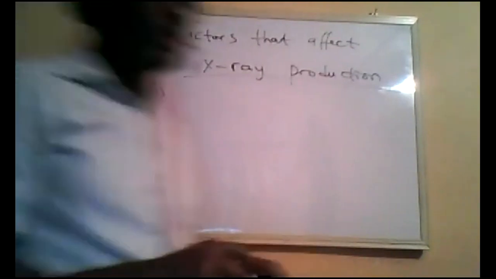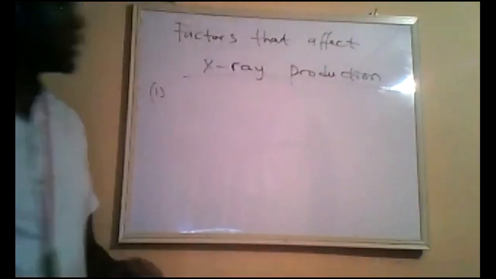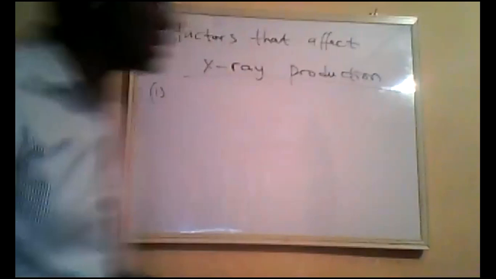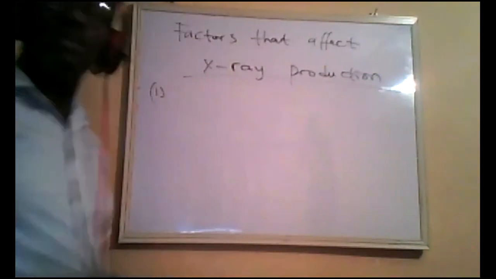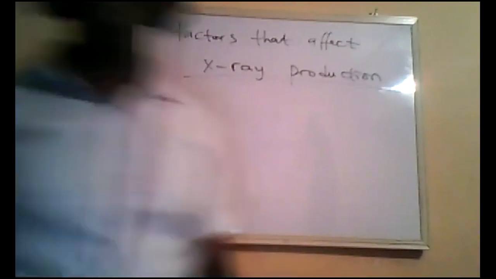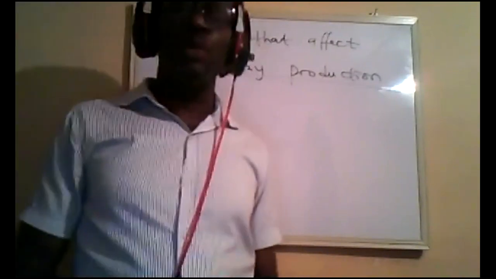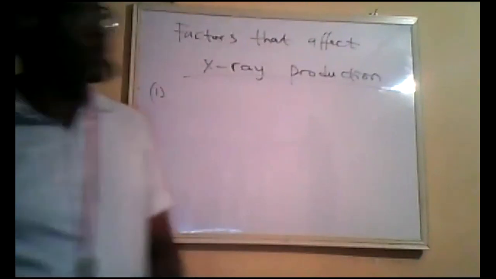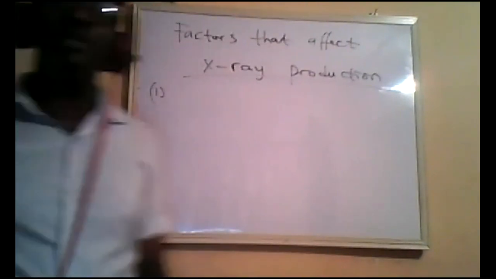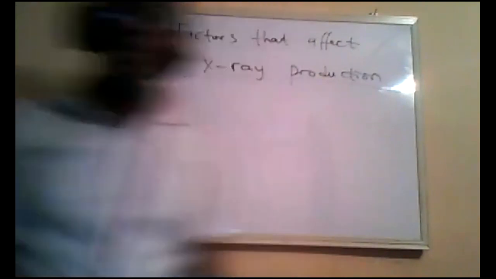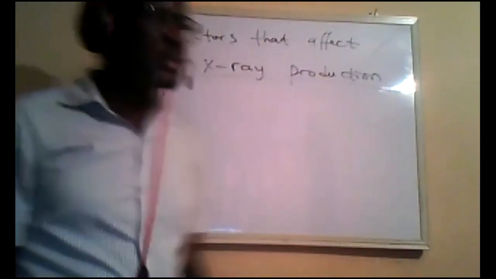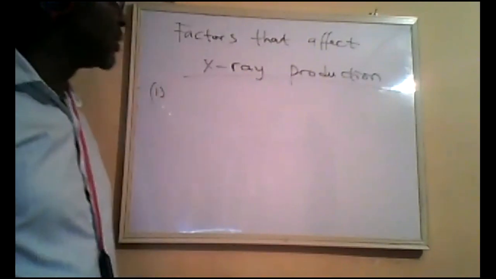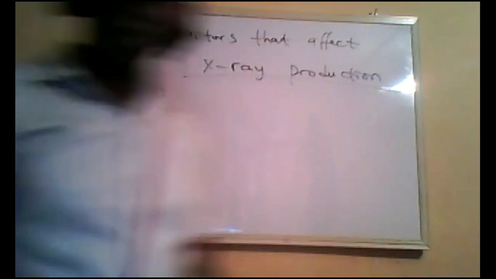The X-rays we produce, the Bremsstrahlung and the characteristic, have many factors that govern their production and efficiency, both in terms of quality, that is how energetic the X-ray is going to be, and quantity, how much photon we are using. Maybe you might be using 150 million X-ray photons for a particular exposure. So we have some factors that determine the quality and quantity of X-ray production.